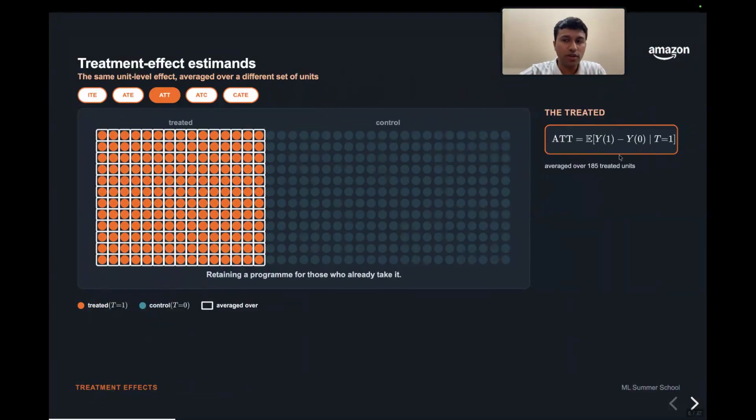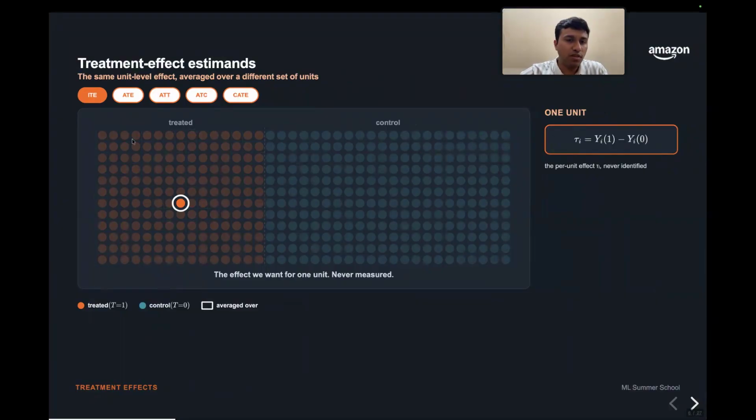So Y0 in this case would actually be a counterfactual, a potential outcome that is actually never observed in the real world. But ATT essentially represents that hypothetical scenario where you take the treated, you subtract the outcome that you get when they were treated versus when they were not treated, and then you average out that value, right? So that is the ATT that we were looking for in the previous question.